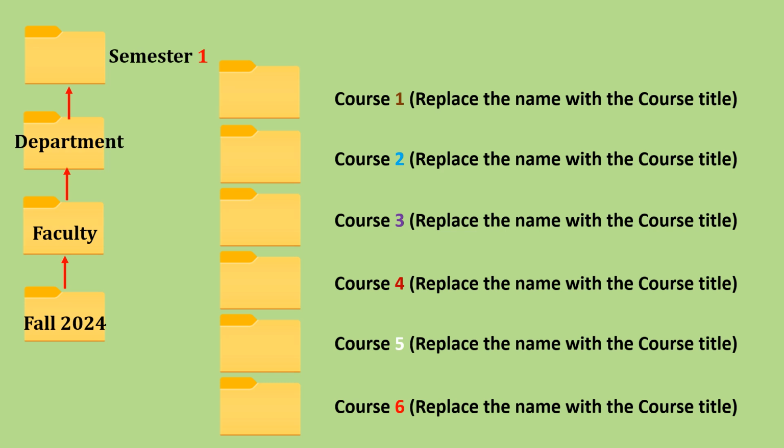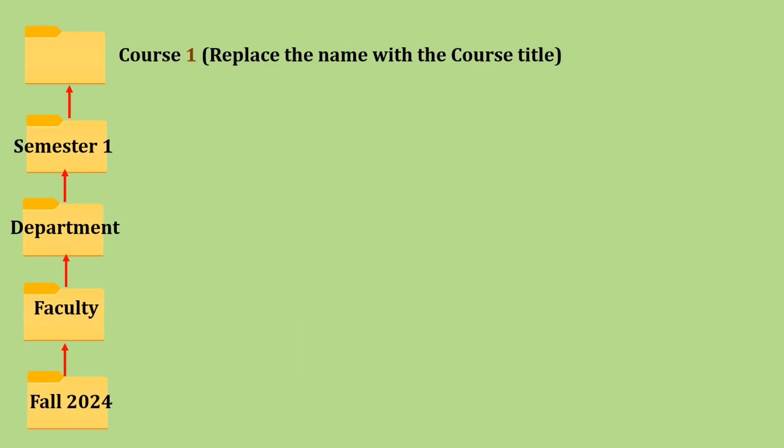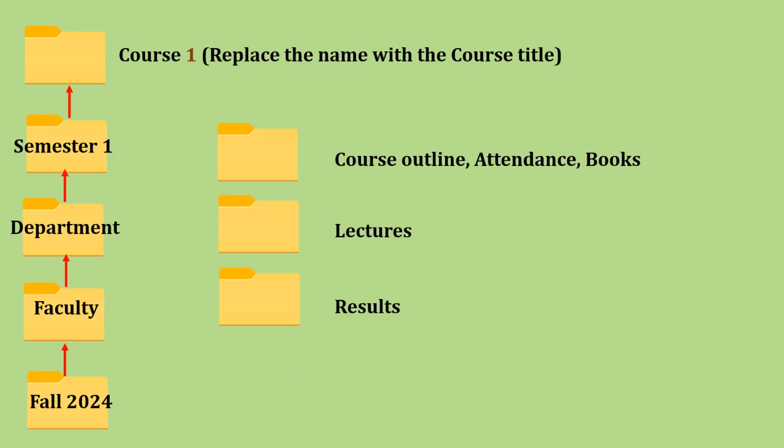Furthermore, if we click on any course, such as course 1, we will find 4 specific subfolders: course outline, attendance and books, lectures, results, and semester end reports. This structured approach helps maintain organization and accessibility of course material.